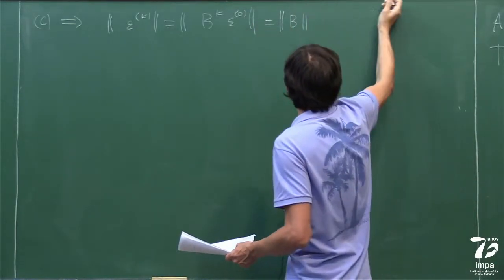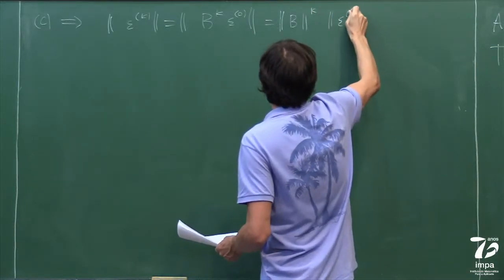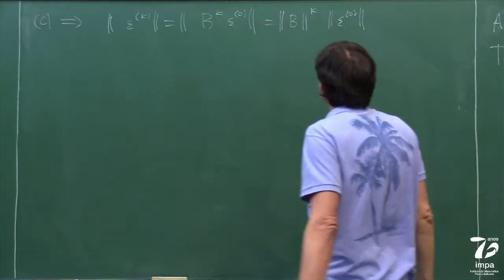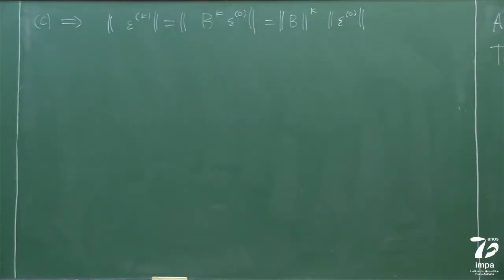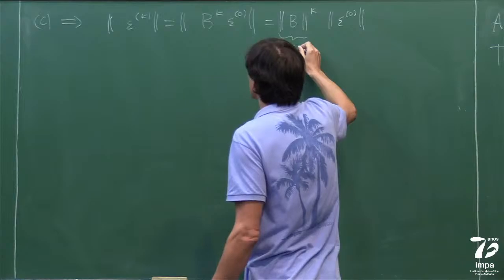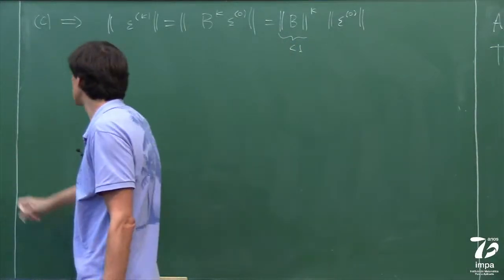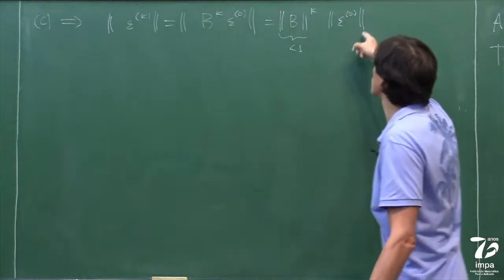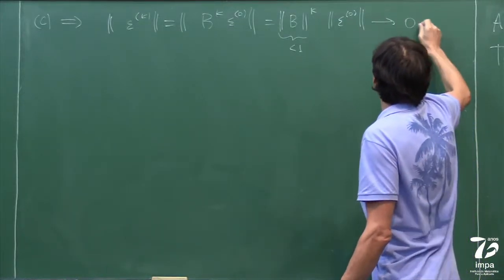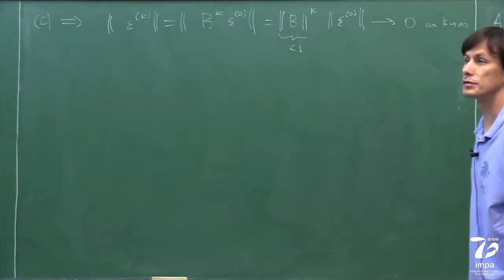So essentially, if you do it iteratively, you can bound it by the norm of B to the power k. And this is smaller than 1 by the assumption of condition C, which means that this should go to 0 as k goes to infinity, whatever this vector is.